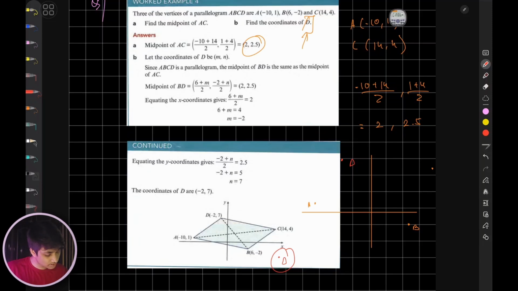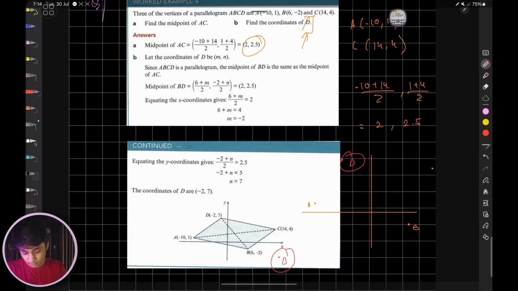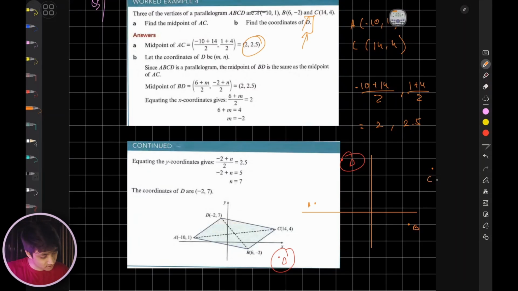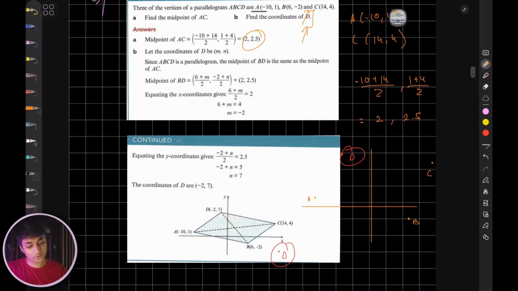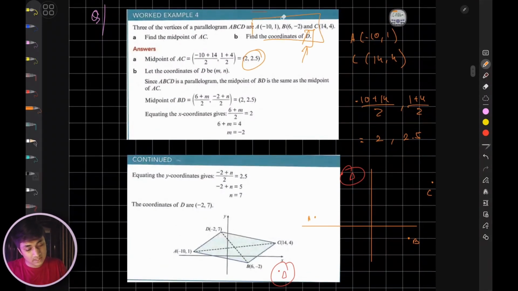Now, could it also be any other place? The point I'm trying to make is there are a bunch of positions that D could have. But how do you know what the real position of D is going to be? It's going to follow your alphabetic order, or the order that they have already set for you. They're saying the coordinates are going to be in the order of A, B, C, and next, obviously, D. So it's going to go either in this direction or in this direction.